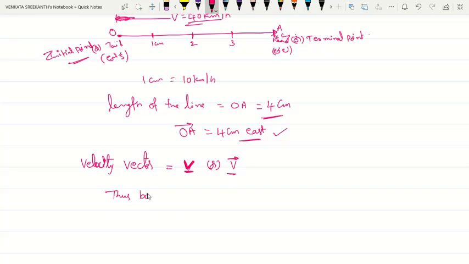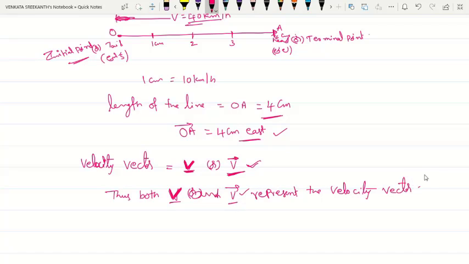Thus both the bold letter and V bar represent the velocity vector. If you want to write like this in your paper, both are difficult, so writing V bar is also correct. Okay, my dear students, I hope all of you understood it.